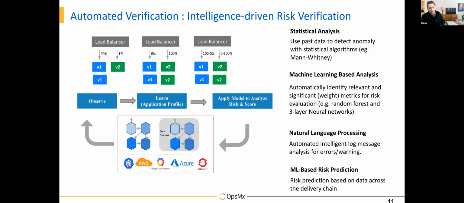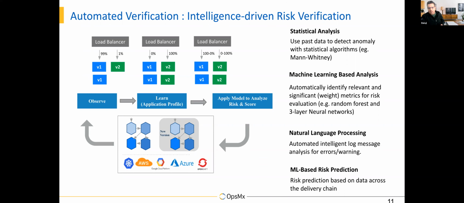So our automated verification use case here is intelligent event verification. Whether you're deploying through Blue Green, Canary, or a rolling update, or you're verifying during the testing phase, we do a lot of things to understand and identify risk and give you that risk information. We use many techniques in the back end.